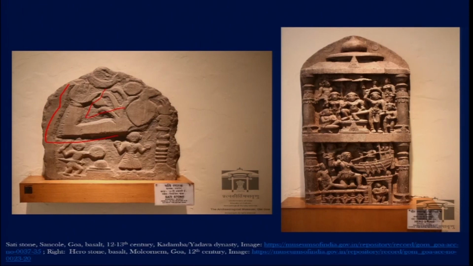The right arm is bent at the elbow, and the palm is raised in the gesture of Abhaya Mudra, the gesture of reassurance. This Abhaya Mudra, with the hand bent at the elbow, had become an established iconographical aspect of making the sati stones.